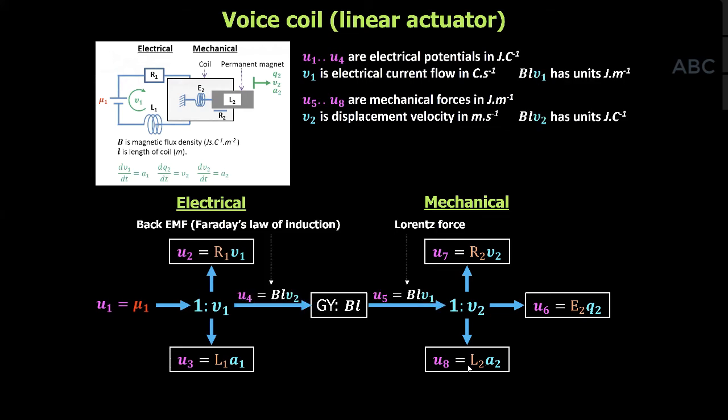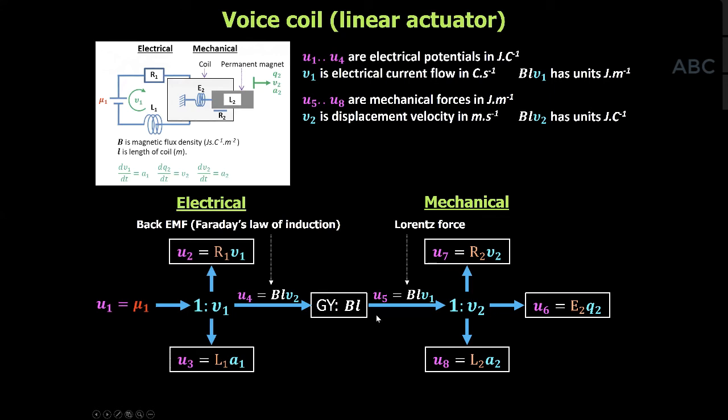But now they're coupled through a gyrator because you're exchanging energy, but again, the product of V1 and U4 has to be equal to the product of V2 and U5. So now we're defining U5 as a mechanical force and U4 as an electrical force, a voltage.